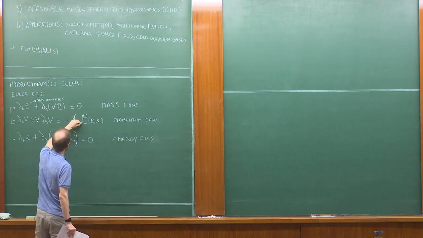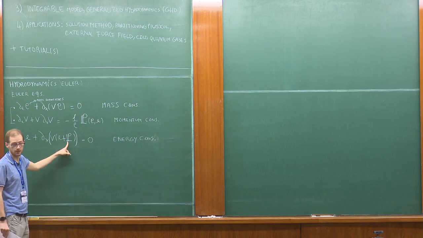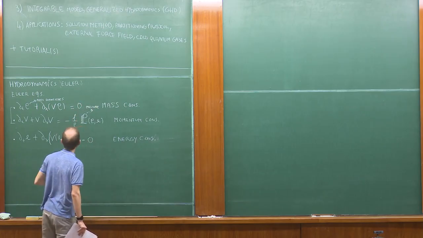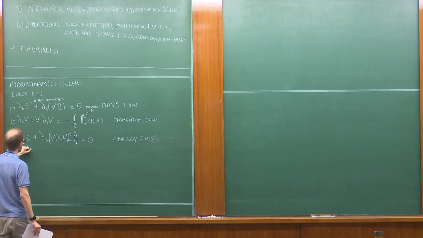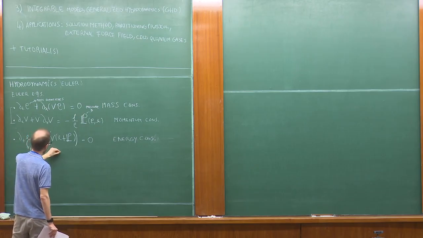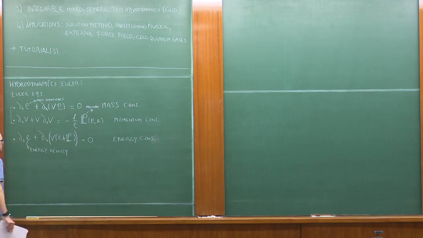Then this calligraphic P is the pressure. And E is the energy density. And P you take as a function of rho and E, the energy density. Okay, and these are all functions of space, x, and time. Here I have written it in one dimension, just for simplicity. Of course, you can write it also in generic dimensions.